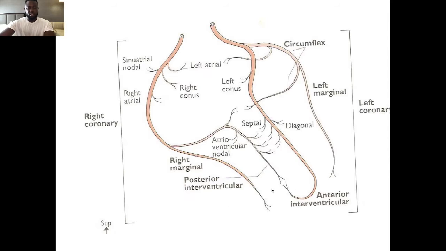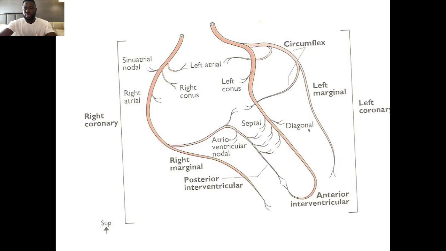So let's continue. Also, this is the blood circulation to the heart itself. The heart also takes its blood supply from the aortic sinuses, and they give the right coronary artery and the left coronary artery, and then they also divide to supply the heart muscles itself.